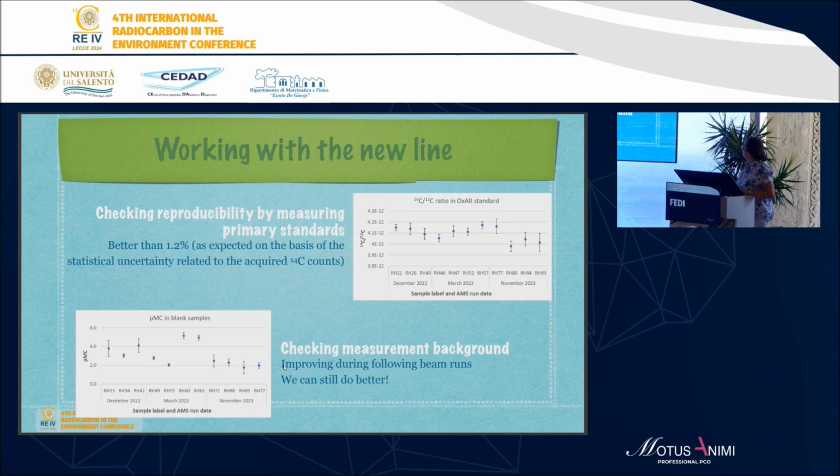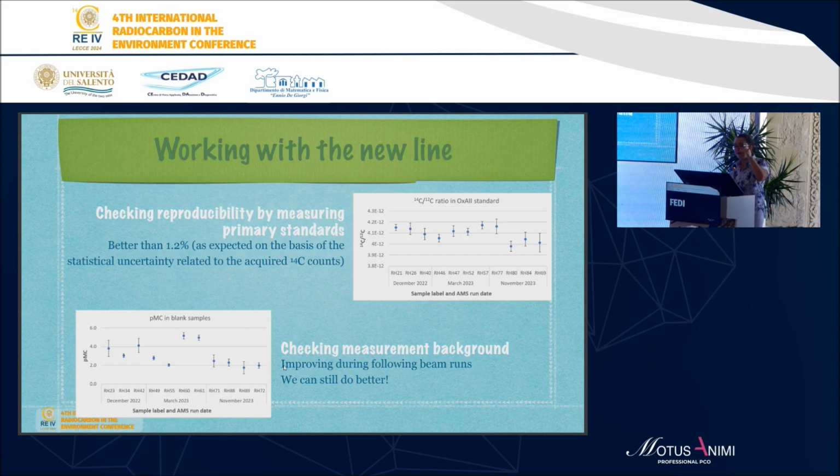So, working with the new line, we checked, of course, the reproducibility by measuring primary standards. We checked the background, and you see here the background is not so beautiful.